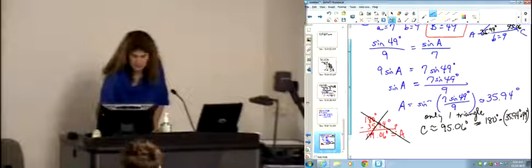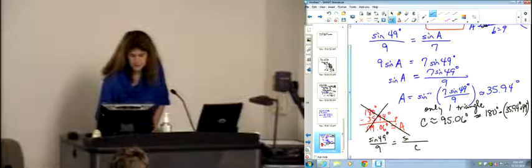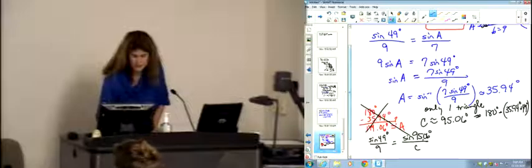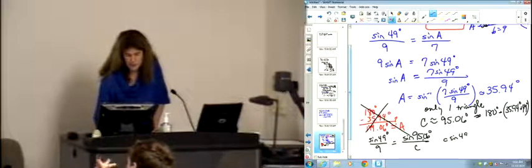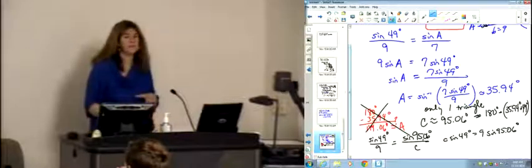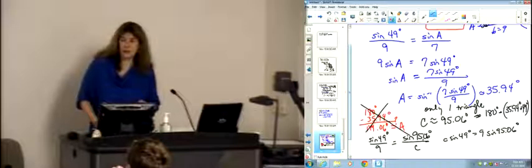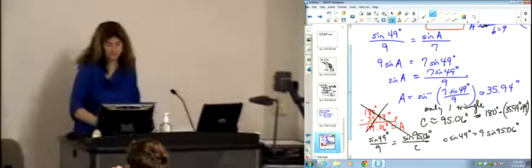I'm going to have to be able to see what I got up here though. The sine of 49 degrees over 9 we had equals the sine of angle C we just found to be 95.06 degrees. So we're going to have C sine 49 degrees equals 9 sine 95.06 degrees. And remember, we talked about not actually doing these calculations for the sine of each of these angles until we get to the end, because that way we will reduce our round off error a little bit.